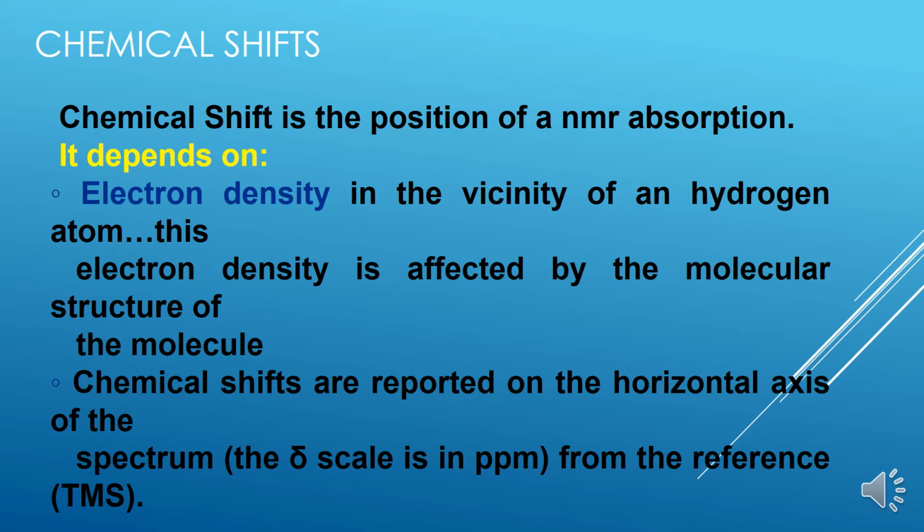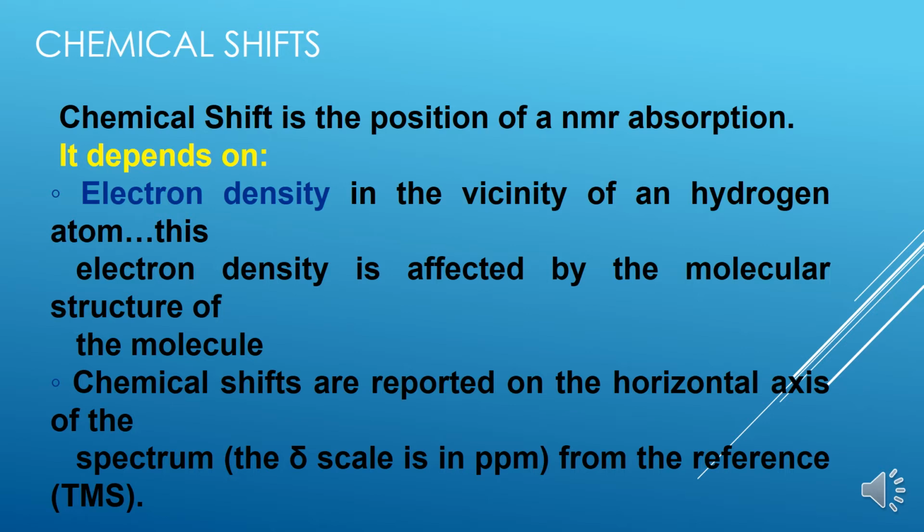Sometimes the examiner may ask this question for 2 marks. At that time you can write either of the definitions: chemical shift is the position of NMR absorptions, or the change in the energy needed to flip the protons is called chemical shift.